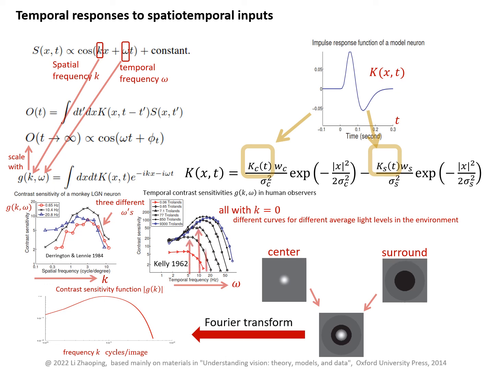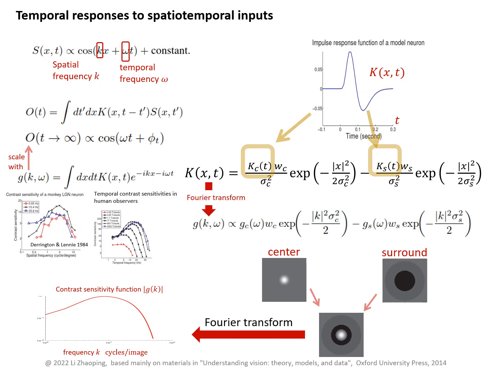These curves peak at different temporal frequencies omega. The higher this peak frequency is, the narrower is the spread of this temporal filter. In Chapter 3 of the book, we will attempt to understand why these curves depend on the average light levels in the environment.